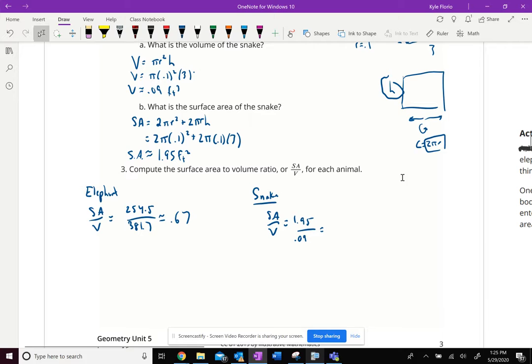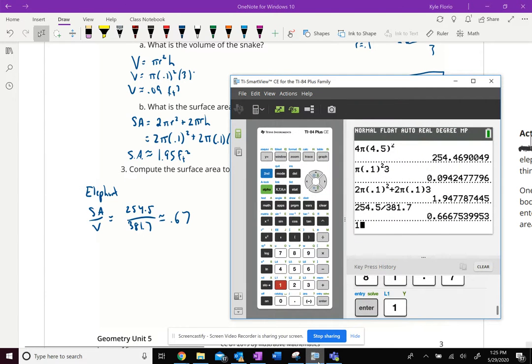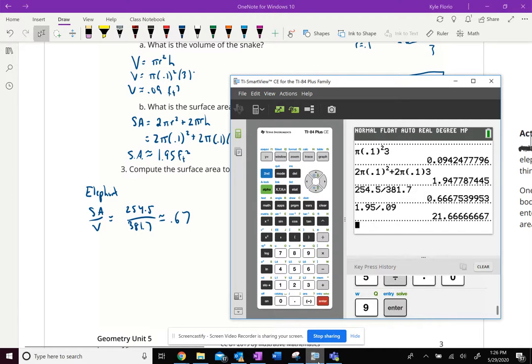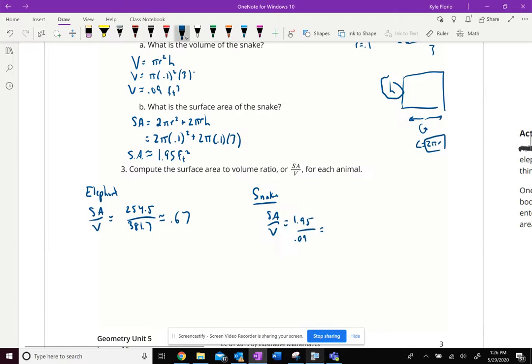And when I divide those, 1.95 divided by 0.09, let's call it about 21.7. So what this is saying is the ratio of area to volume of a snake is big. There's a lot of area with not a lot of volume, where the elephant has a lot of volume but not a lot of area.